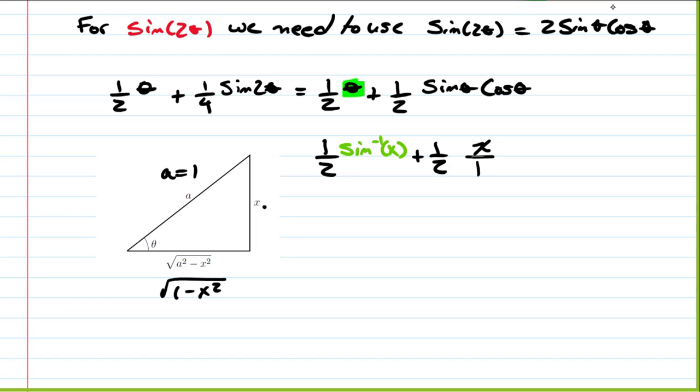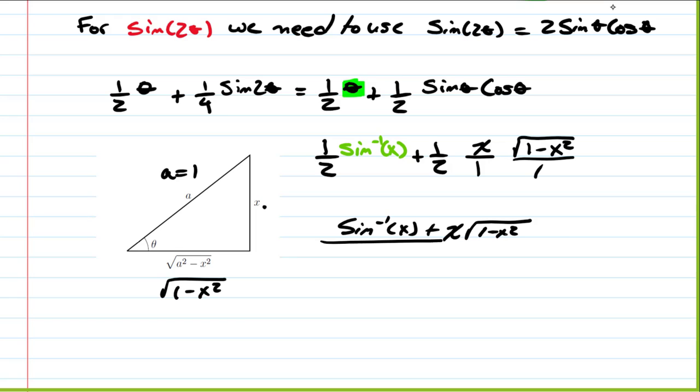So that's going to give us x over 1 times cosine, which is adjacent over hypotenuse, right? So the square root of 1 minus x squared all over 1 once again. So then putting all of that together, we get the inverse sine of x plus x times the square root of 1 minus x squared all over 2 plus c.